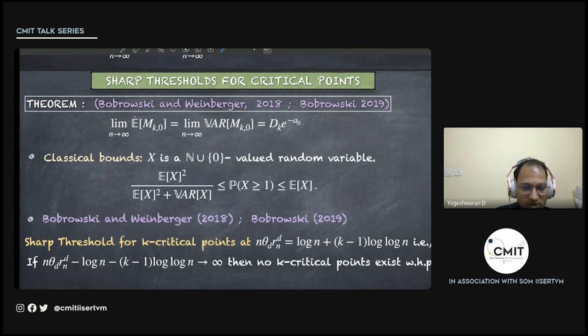What is hidden is that you compute this expectation and variance, and then there are two classical probability bounds. What are the two bounds? This is called Markov's inequality, and this is called the second moment bound. It's a lower bound. So you have an upper and lower bound: if x is a non-negative integer valued random variable, 0 also allowed, then I can upper and lower bound the probability of x being greater than or equal to 1.